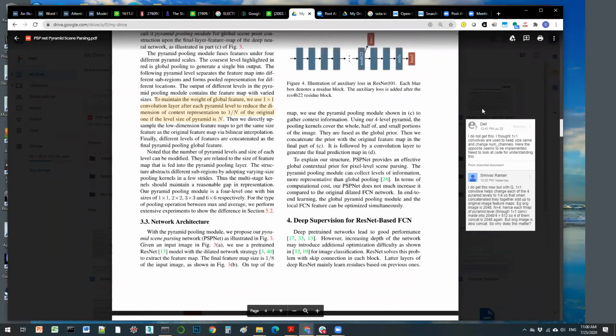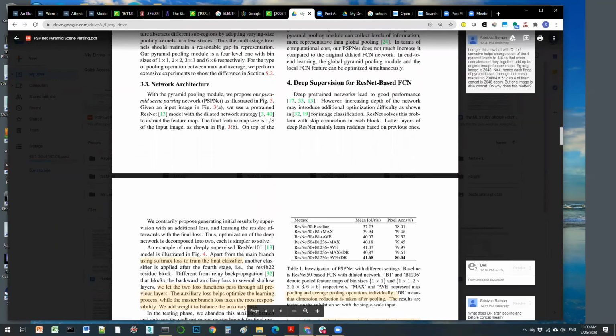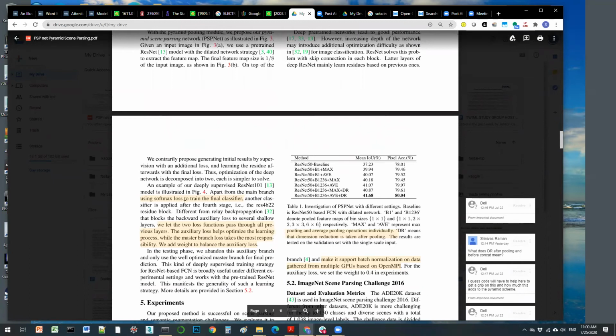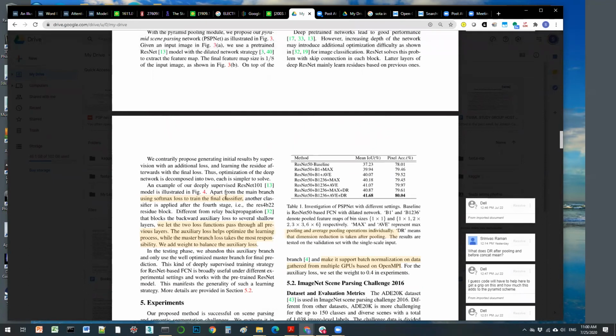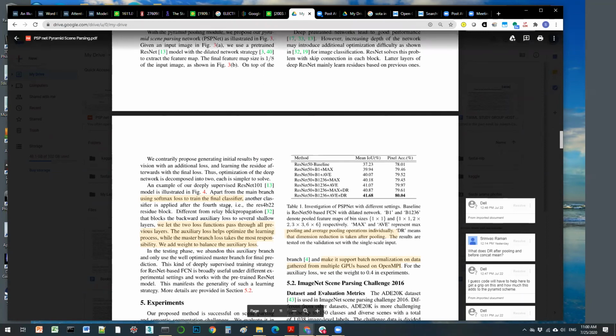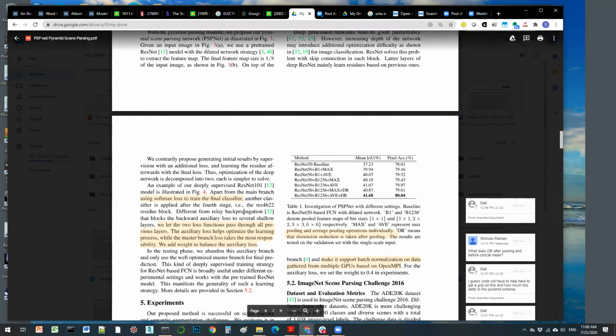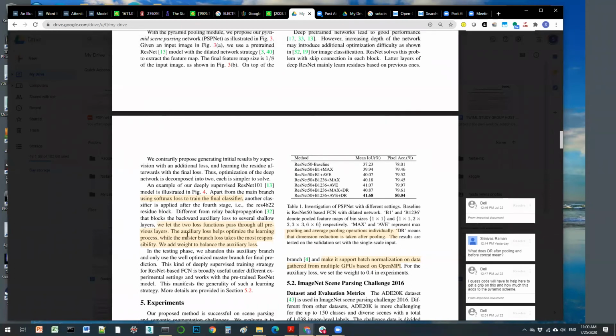Okay, and this is what the deep supervision talks about. Apart from the main branch using softmax loss to train, another classifier is applied after the 4th stage, and they think of it as a residue block. They back propagate both of them all the way back. We let the 2 loss functions pass through all previous layers.